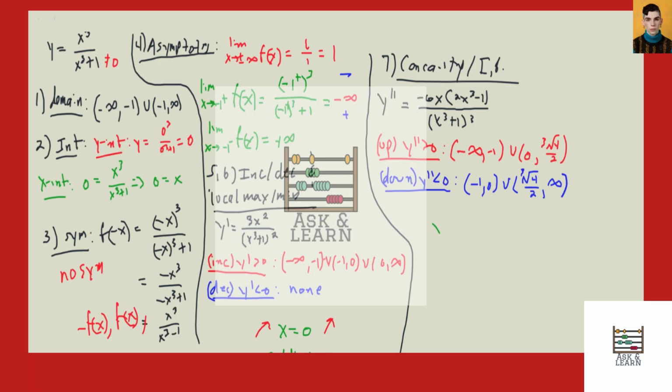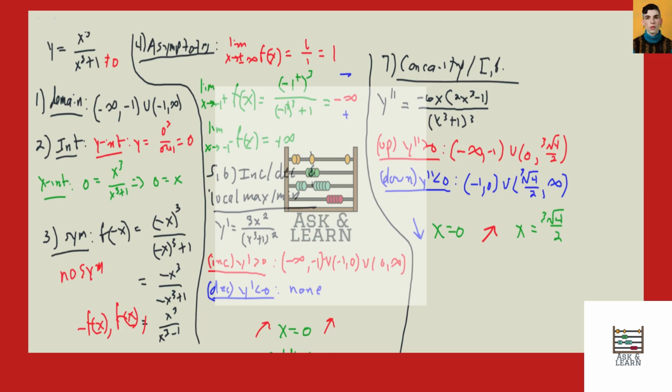So putting down our 2 points of possible inflection. To the left of 0, the function is going to be concave down. To the right of 0, the function should be concave up.